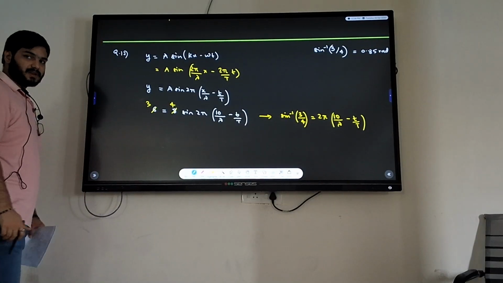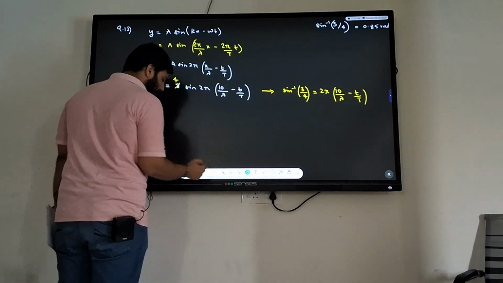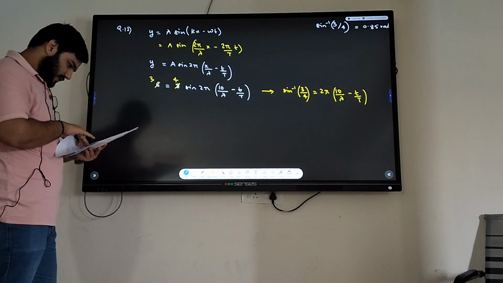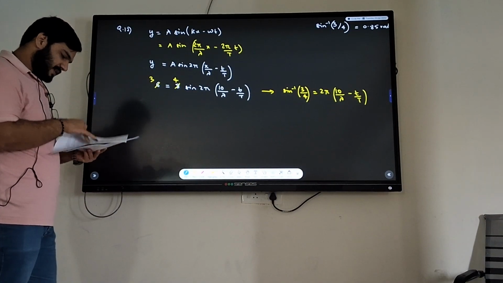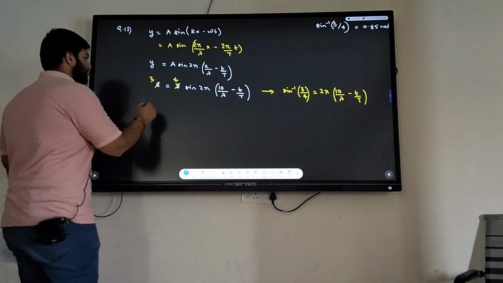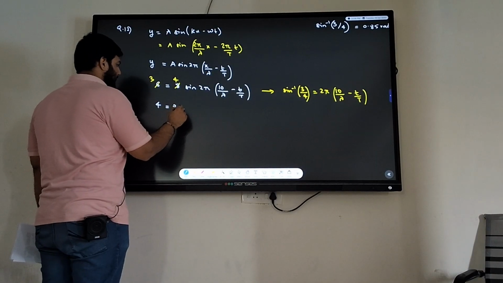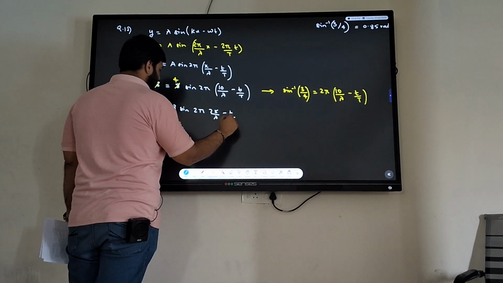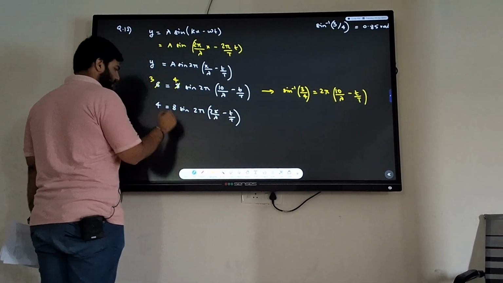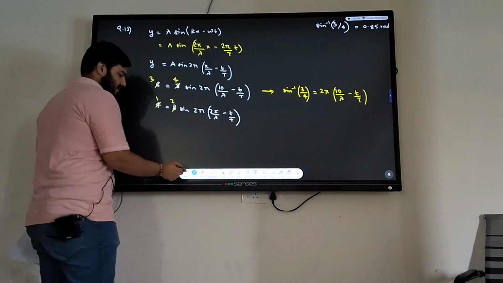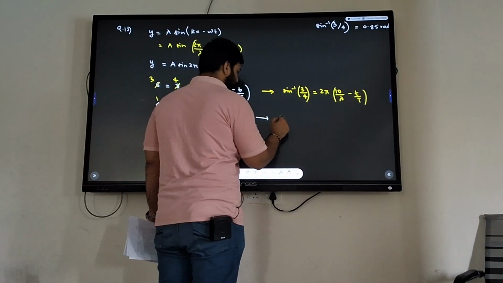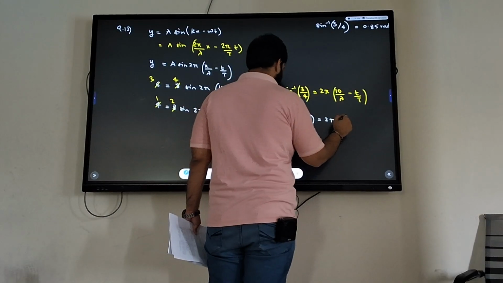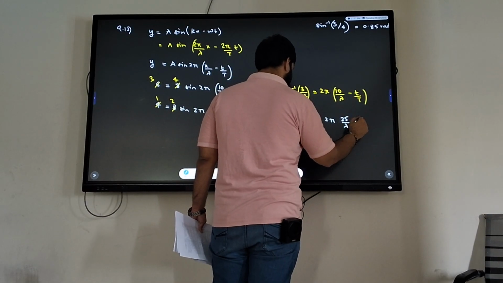And then they have given one more information that when the particle is at 25 centimeters, the displacement is 4. So 4 is equal to 8 sine of 2 pi, 25 by lambda minus t by capital T. And this will be 4 1s are 2s are. So that will become sine inverse of half, equal to 2 pi, 25 by lambda minus t by T.